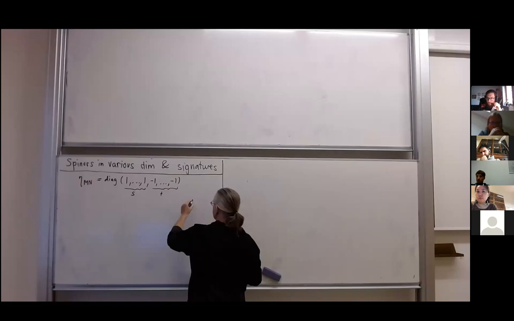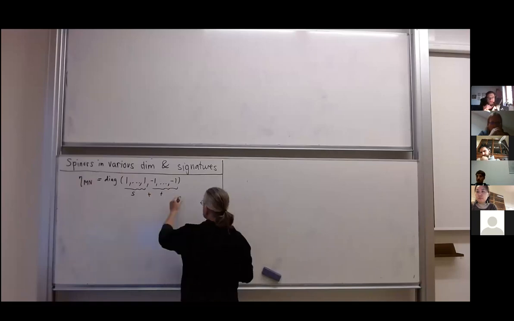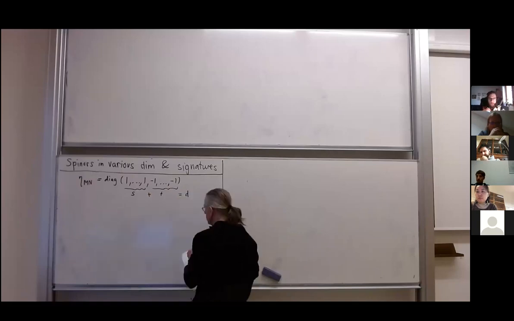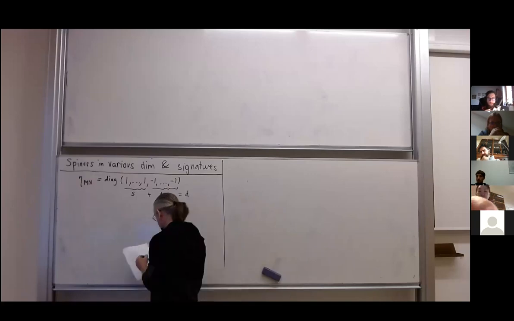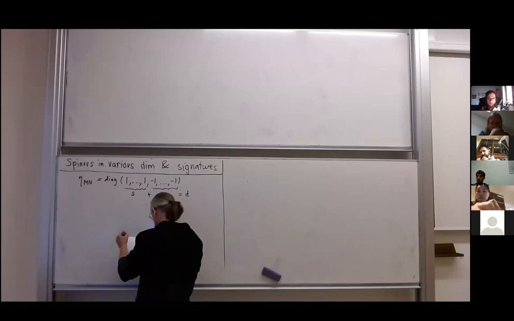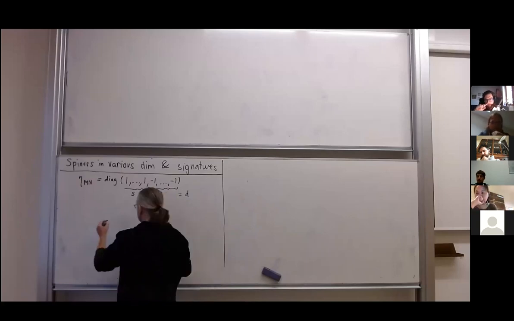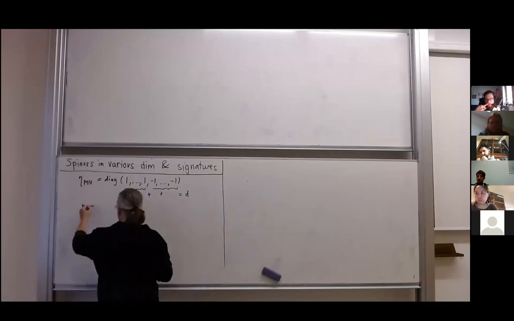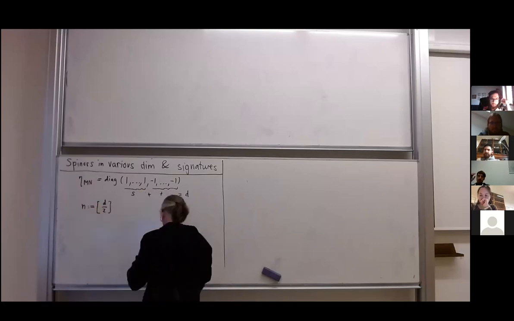And of course, S plus T would be the dimension D of space-time. The other thing we defined was this number n, which was always given by the integer part of the half dimension. This is very important in spinor and Clifford algebras.